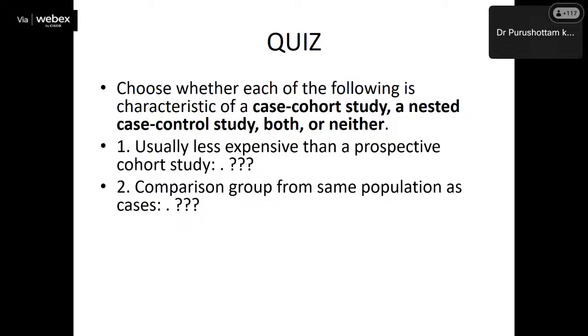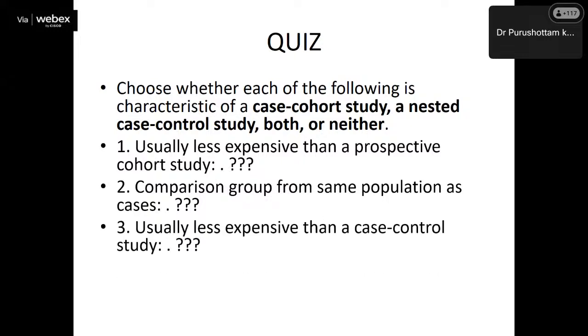For those cases, we take 10 controls or 20 controls or 30 controls, but from where? From the same cohort. So the comparison group is from the same population. In both, the source is the same; we are not taking controls from another place. So here again the answer is both.